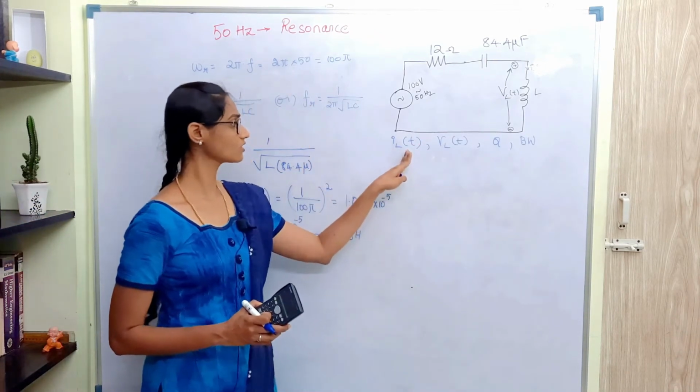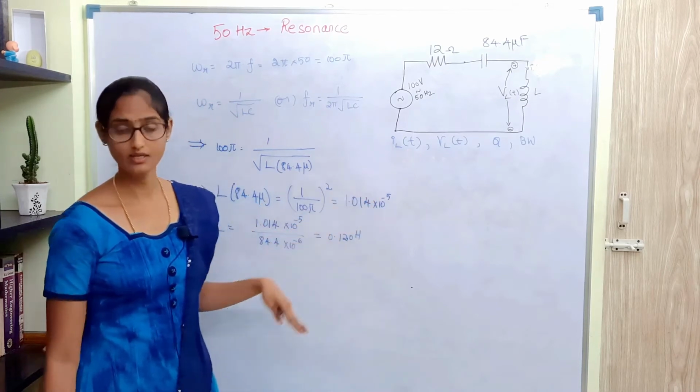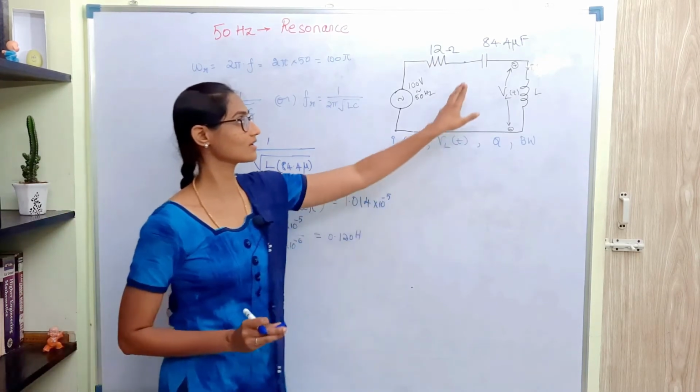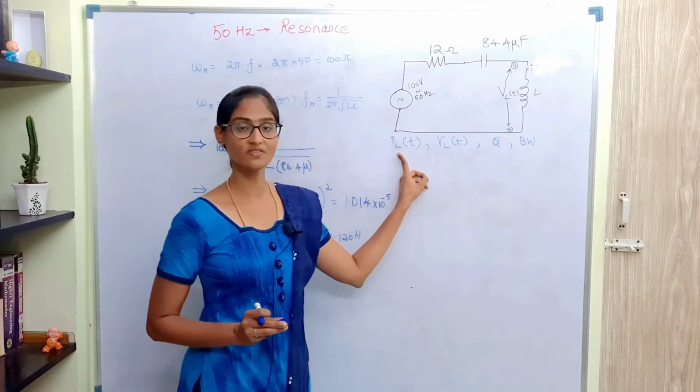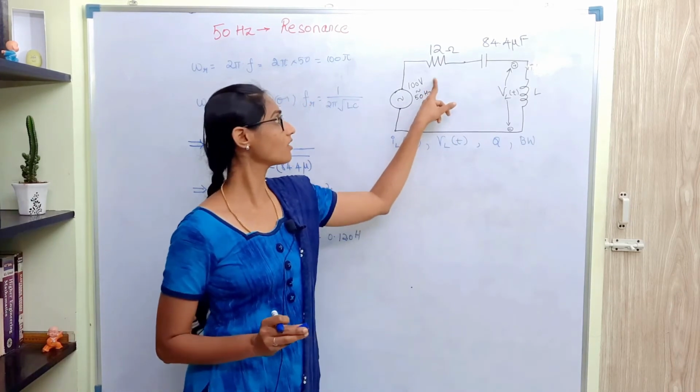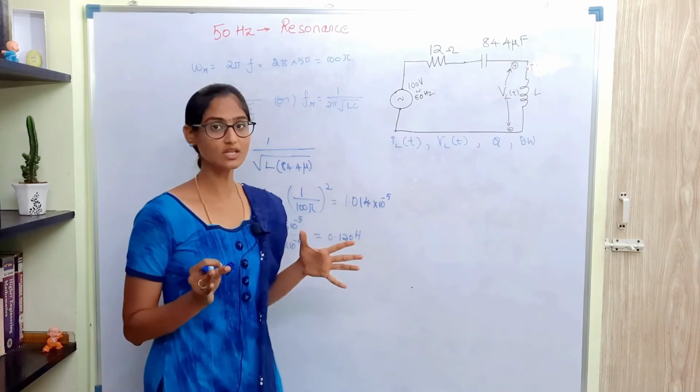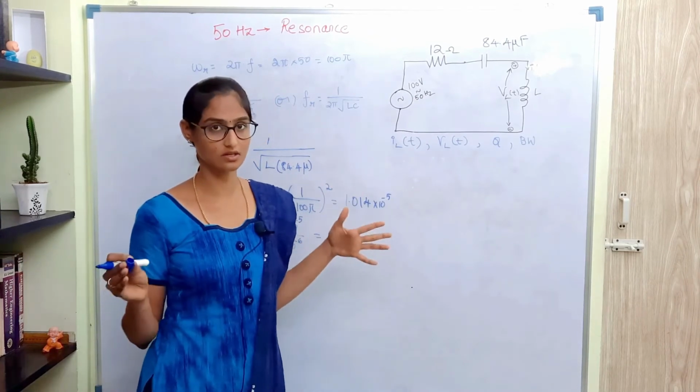Next we need to find out the inductor's current. At resonance, we have seen that the impedance part vanishes. So what is the circuit's current? The circuit's current will be 100 volt divided by 12 ohm. It means that the reactive impedance doesn't exist at all.